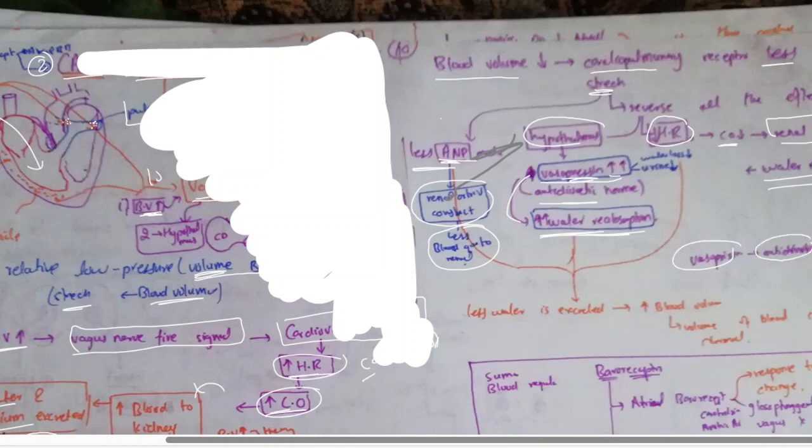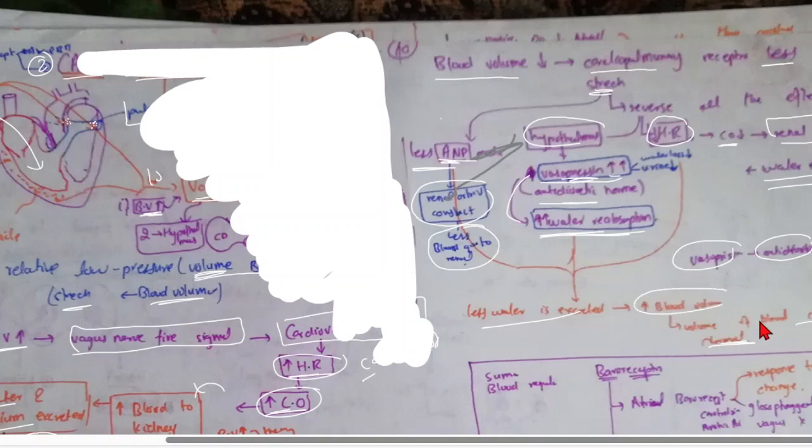What is the function of antidiuretic hormone? It increases reabsorption, and urine becomes less. If the antidiuretic hormone increases, urine becomes less. This is an inverse relation: antidiuretic hormone is directly related to reabsorption and inversely related to urine production. Less water is excreted, blood volume increases, and the volume of the blood comes toward normal.